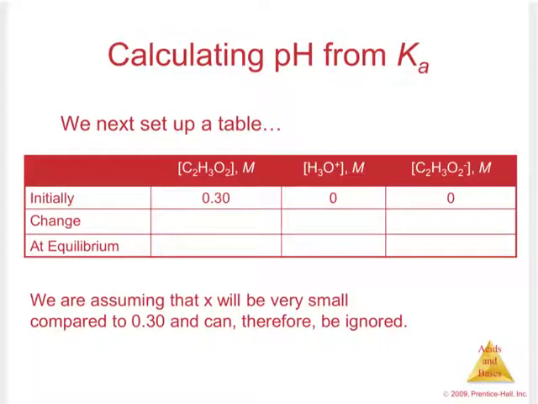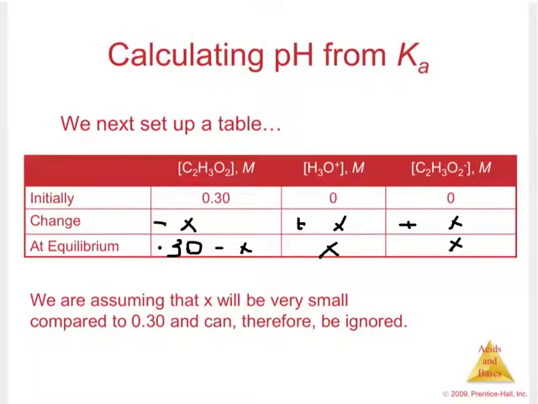So given that we're beginning with 0.3 molar acetic acid, and we know that it is going to decrease by some amount, let's say X, that means that our hydronium ion concentration is going to increase by some amount X, and our acetate ion concentration is also going to increase by some amount X. And so at equilibrium, we have, when we subtract, 0.30 minus X, X, and X.